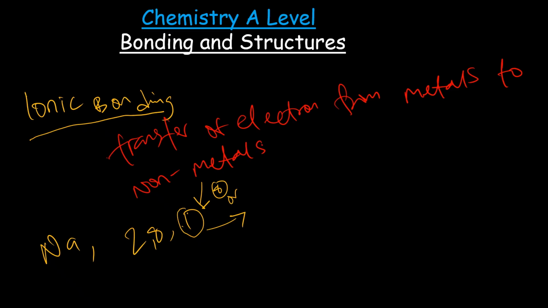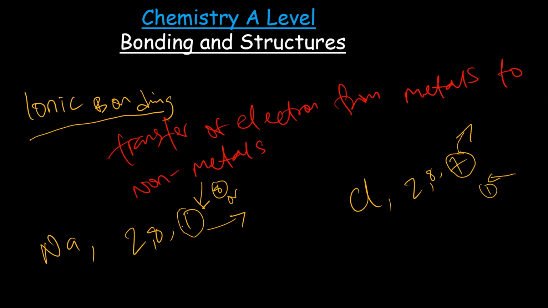Now take a non-metal, for example, chlorine. Chlorine has a configuration of 2, 8, 7. Chlorine has 7 electrons on its atomic shell. For it to be complete or stable, it either gives up the 7 electrons or it receives 1 electron.